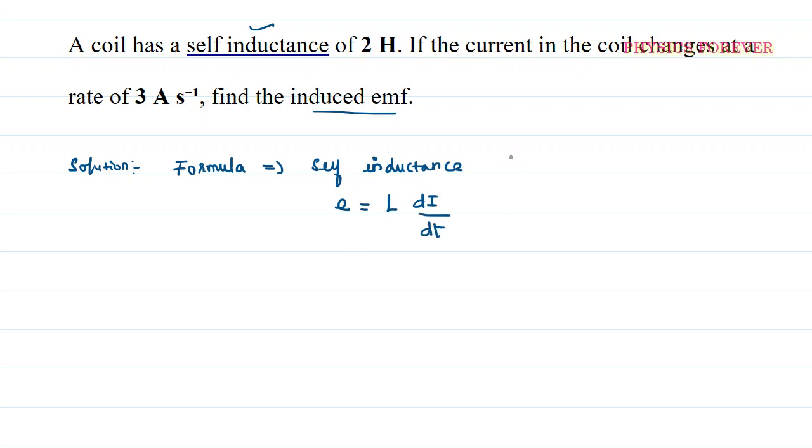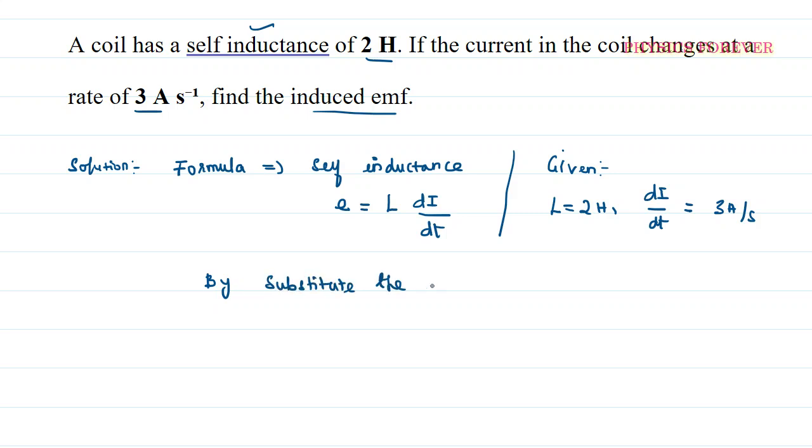What are all the given values? Inductance L is equal to 2H, and change in current with respect to time, di by dt, is equal to 3 A per second. We just substitute in the formula. E is equal to L, which is 2, into di by dt, which is 3.